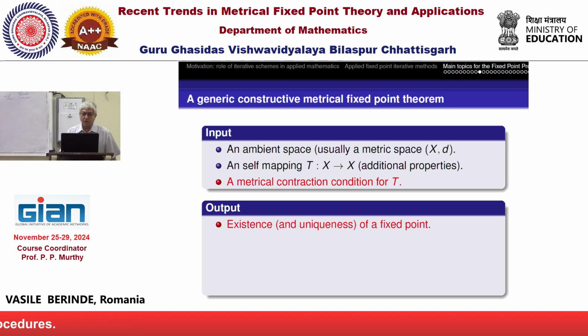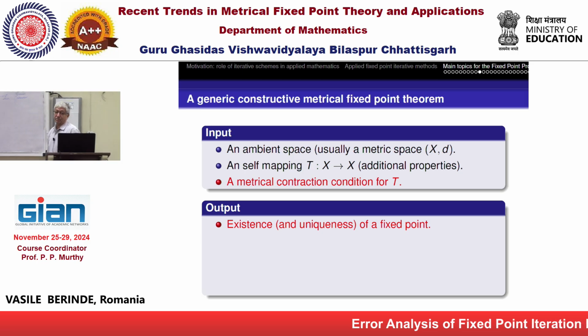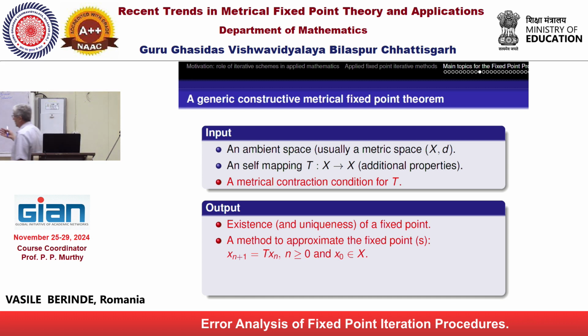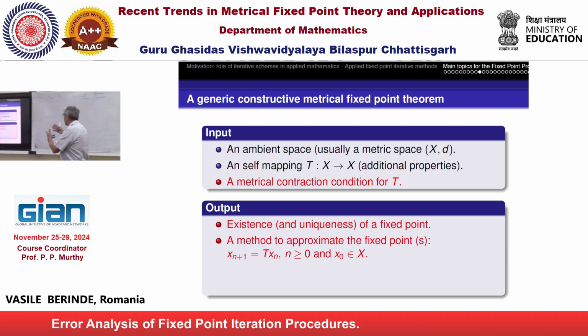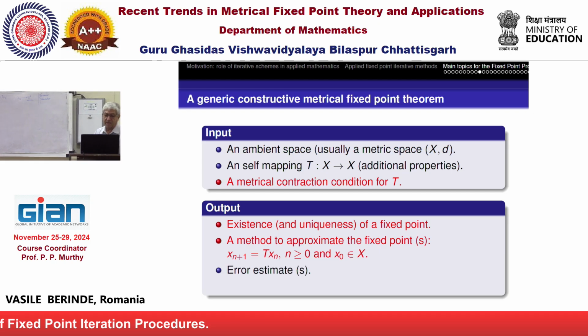Then, as output of such a constructive fixed point theorem, we should have existence and sometimes uniqueness of the fixed point. We should have a method for approximating the unique fixed point or the fixed point if there are many.